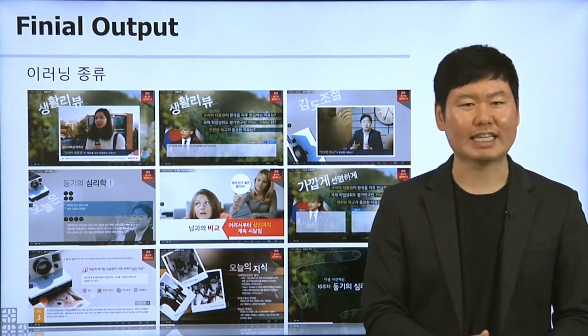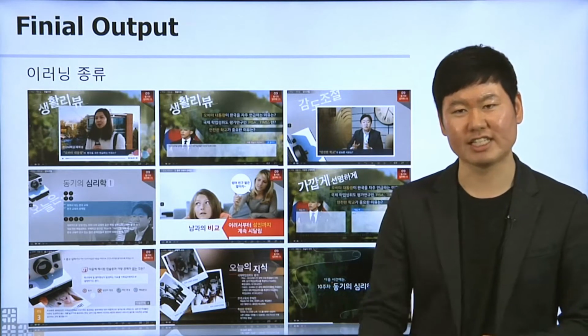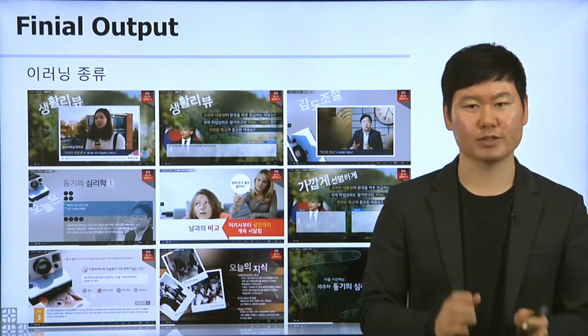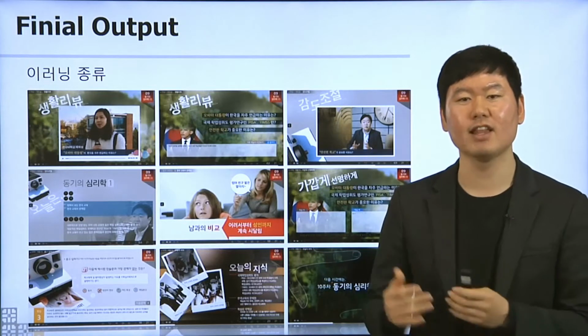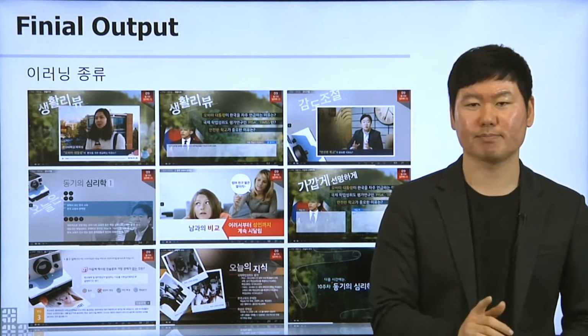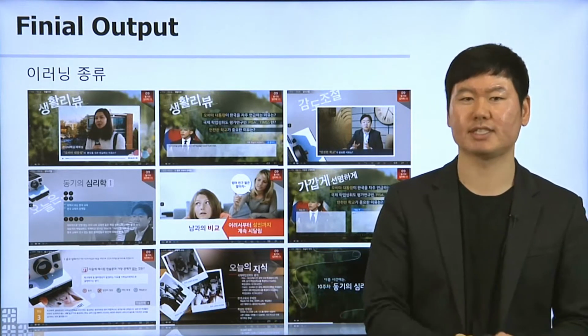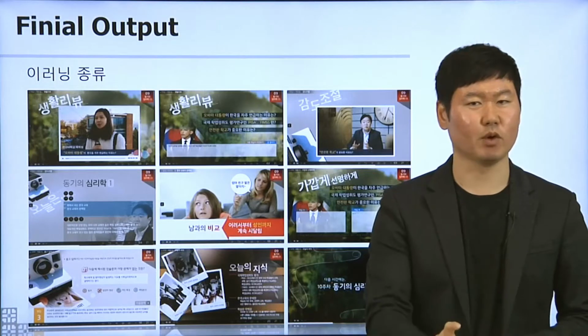The ADDIE model is one of the instructional design models. You can think of the model as the process to make this final output. Every expert has their own development process, but the basic is the ADDIE model.